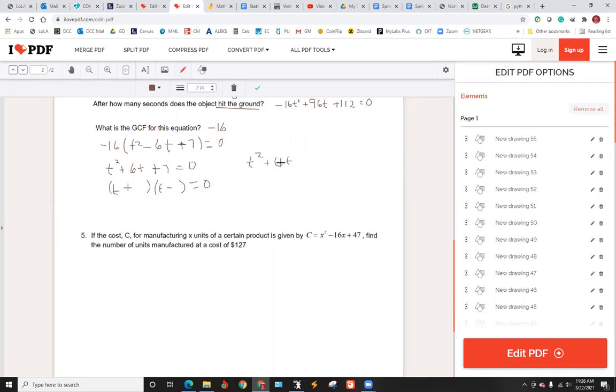So you're going to watch that. It changes when you factor out the negative 16. So they got to be different signs, and the larger one's going to be positive. So t plus 7, t minus 1, t plus 7 is going to give us, let's see.